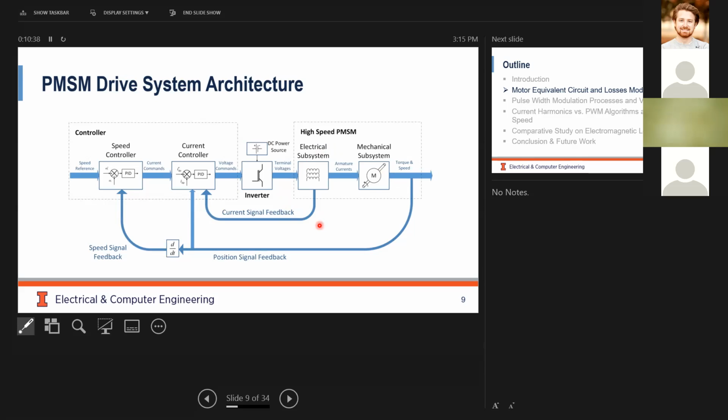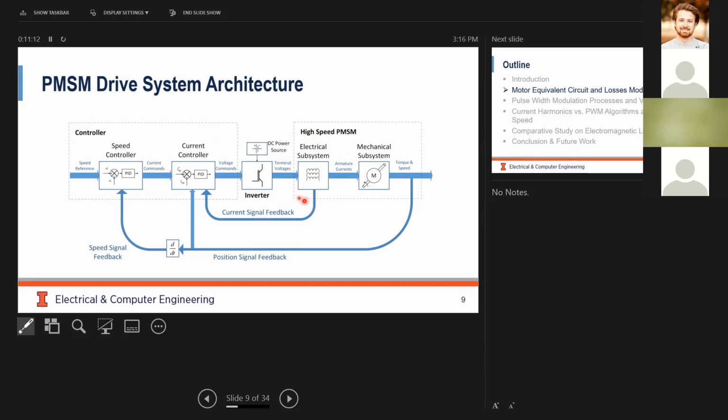So this is a drive system architecture. The motor can typically be decoupled into two subsystems. One is mechanical, the other is electrical. Here we're going to analyze just the electrical system, because in this talk I'm particularly focused on the current harmonics.